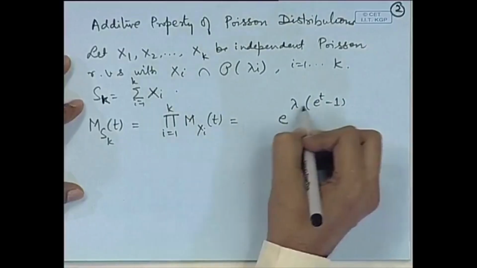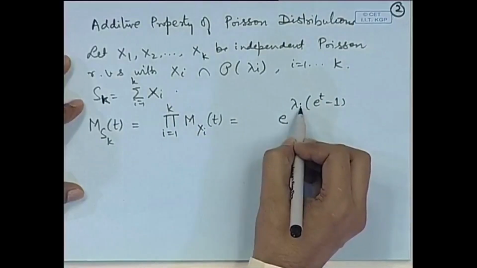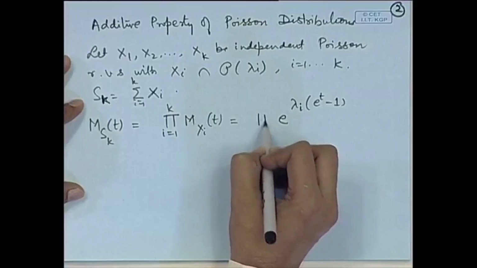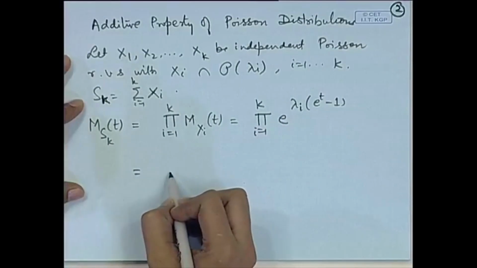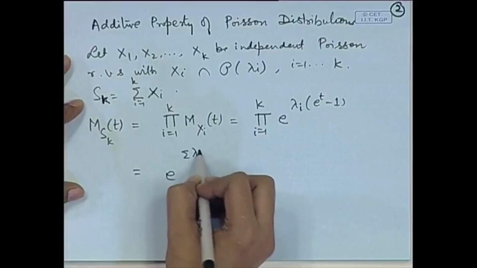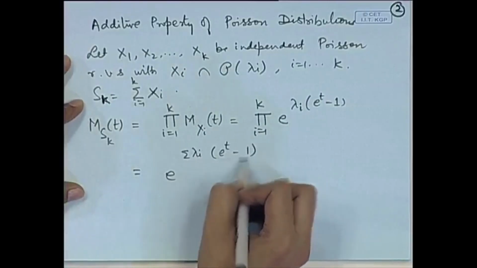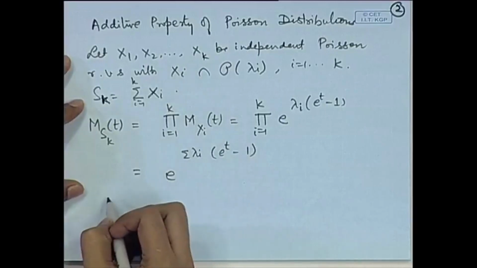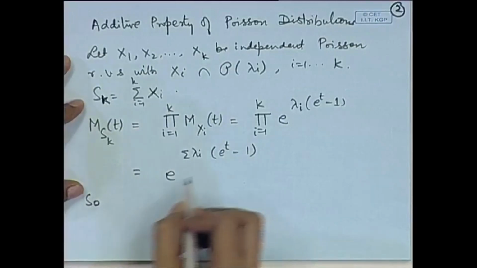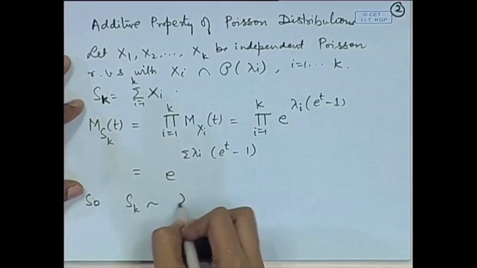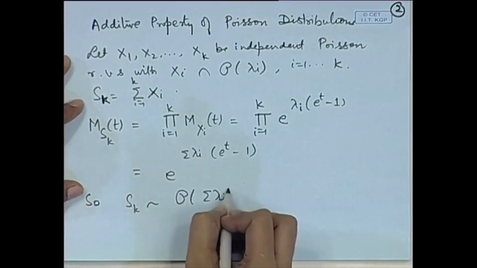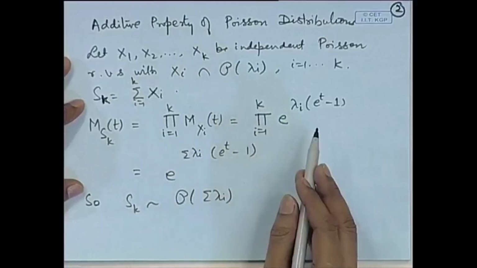So for Xi, taking the product for i equal to 1 to k, this becomes e to the power sigma lambda i (e^t minus 1). Once again, using the uniqueness property of the MGF, we conclude that Sk follows a Poisson(sigma lambda i) distribution. That means sums of independent Poisson random variables again have a Poisson distribution.